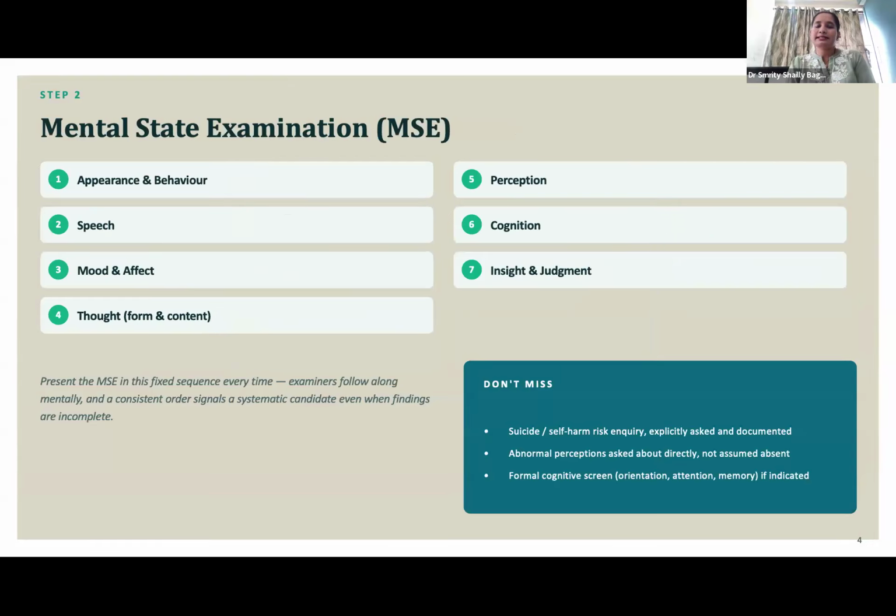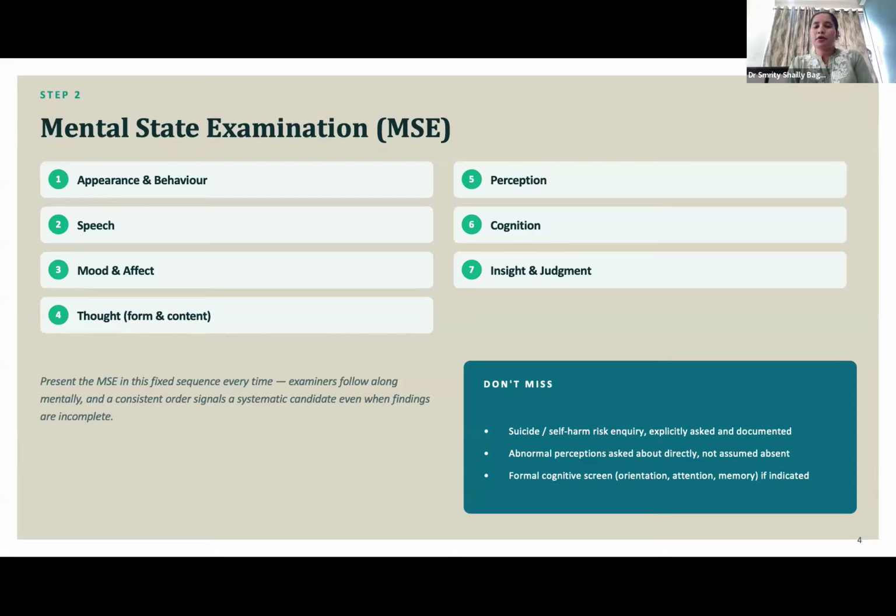Coming to the mental status examination, it should be covered in detail, starting from the general appearance and behavior, to eye contact, psychomotor activity, coming to the speech, the spontaneity, rate, tone, volume, then coming to mood and affect, all the subheadings such as lability, intensity, range, reactivity have to be covered.